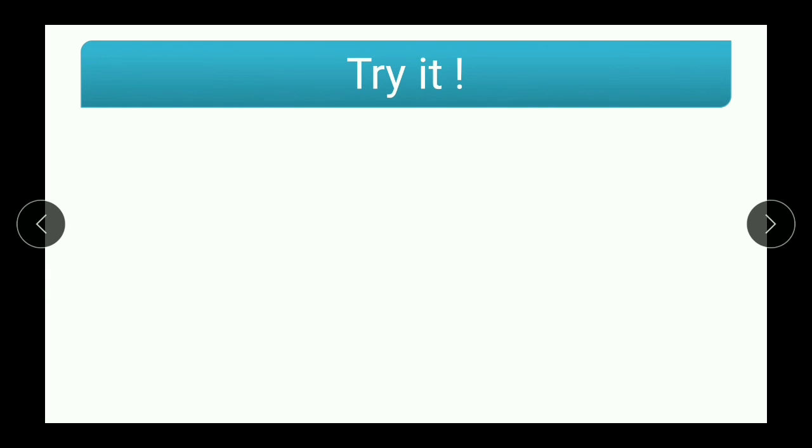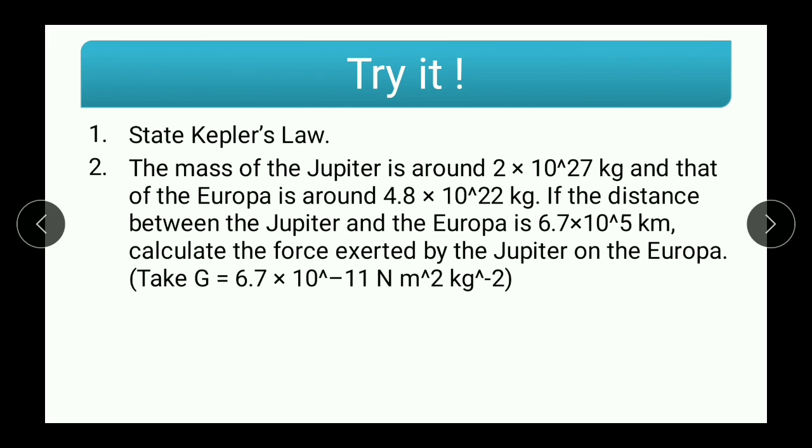And with that, we come to the last part, which is the assignment. So the first question is, state Kepler's laws. Second is a problem. The mass of Jupiter is 2 into 10 raised to 27 kg, and that of Europa, which is a moon of Jupiter, is 4.8 into 10 raised to 22 kg.